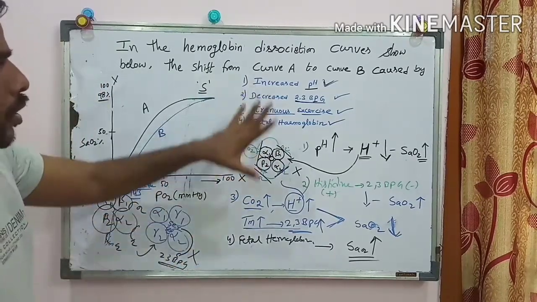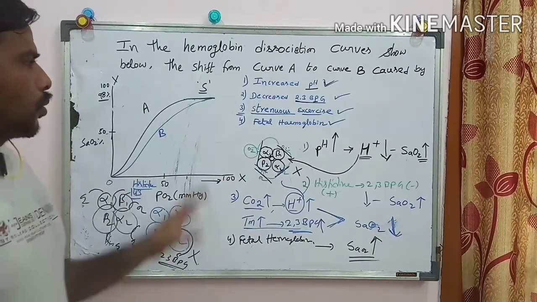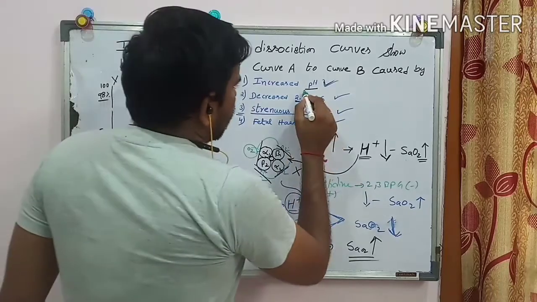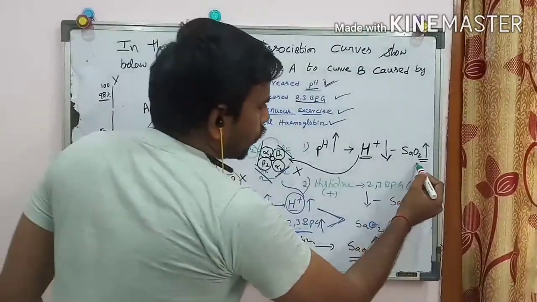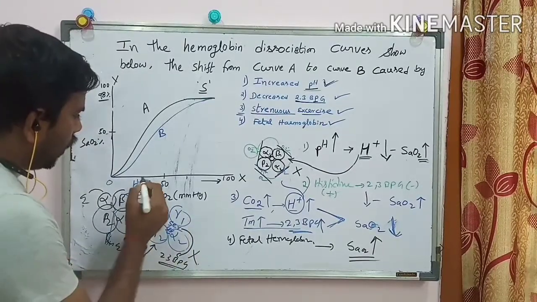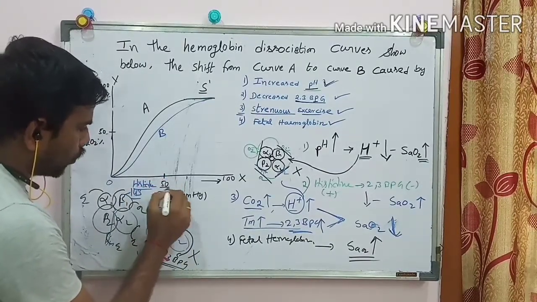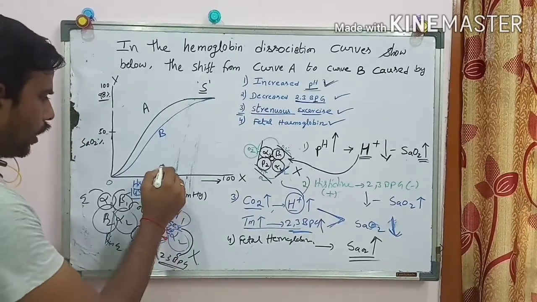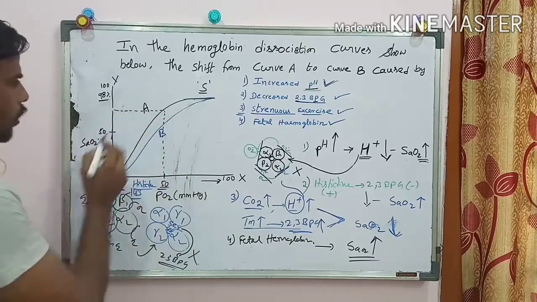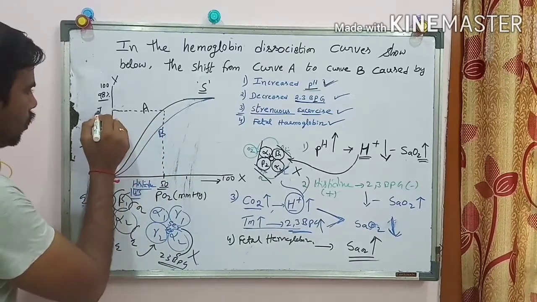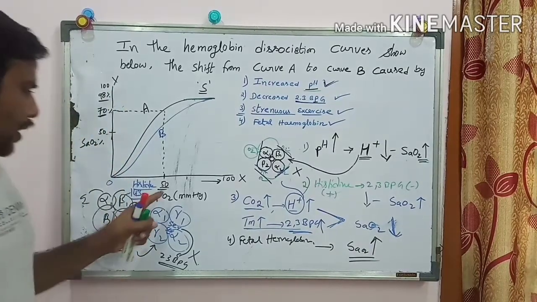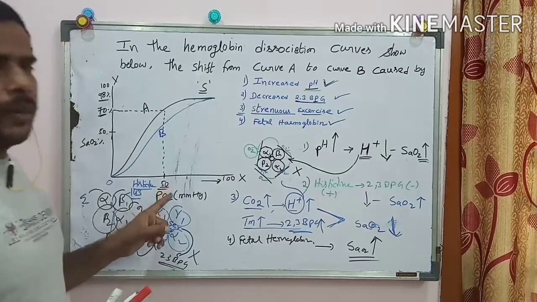What happens in all these four conditions, if you know, then we will go to the curve. Now see, when pH is increased, that means saturation levels increase. During normal conditions, we'll take randomly PO2 50 millimeter Hg. If you go here, you can cut up to this. You can see roughly the saturation at this point will be 70% saturated oxygen to the hemoglobin in normal condition at PO2 50 millimeter Hg.